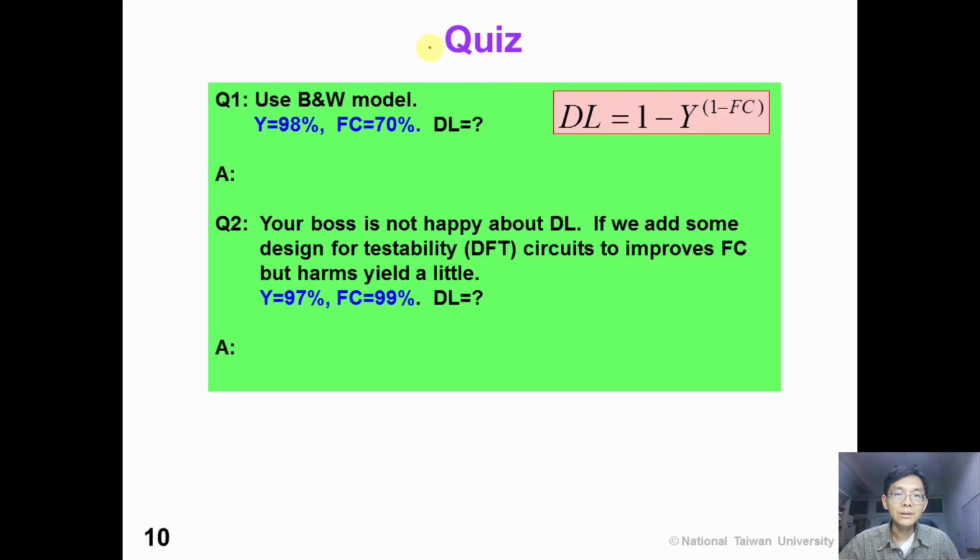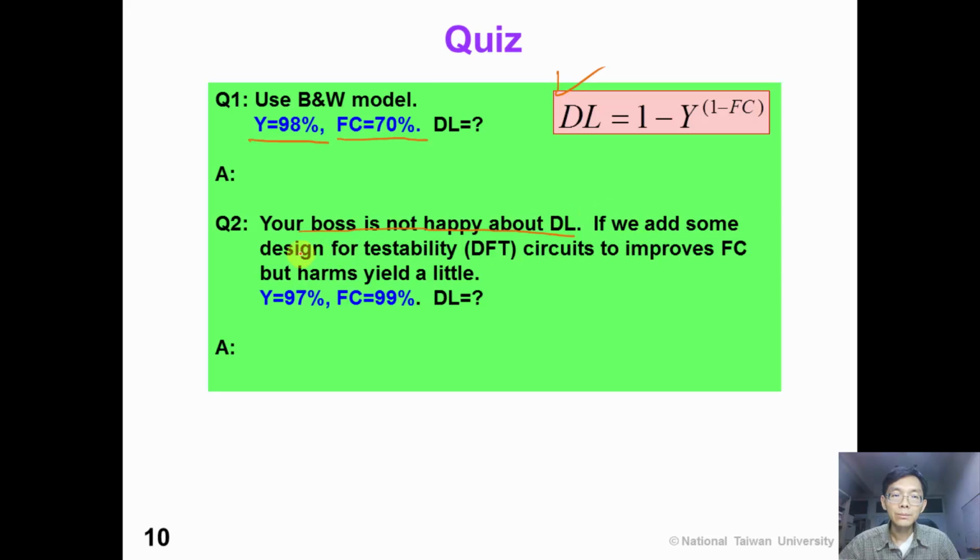Now, it's time for a small quiz. Use the Brown and Williams model. Suppose that the yield is 98% and the fault coverage is 70%. Please predict the defect level. Question number 2. Suppose that your boss is not very happy about the defect level you calculated in question number 1.